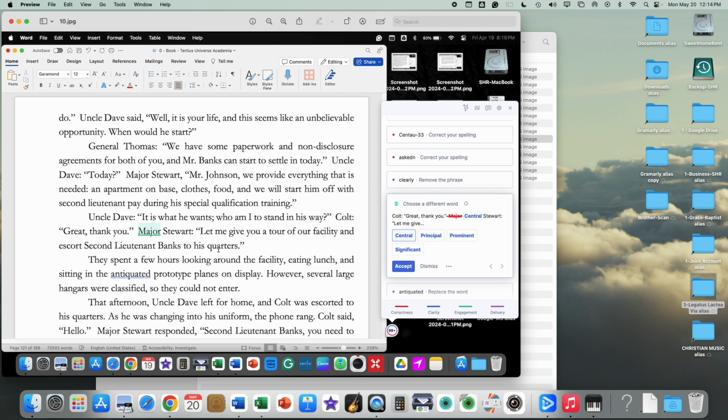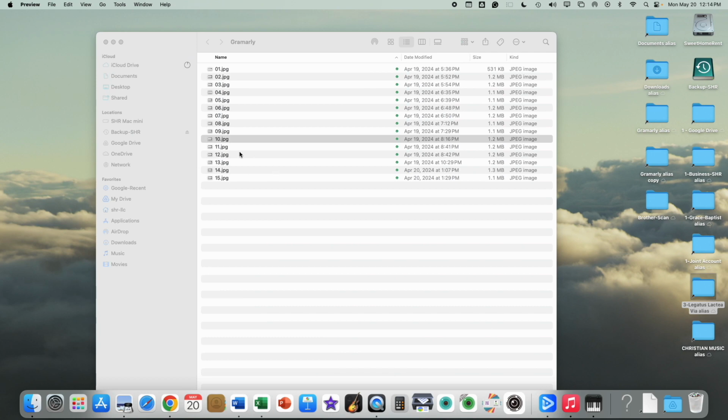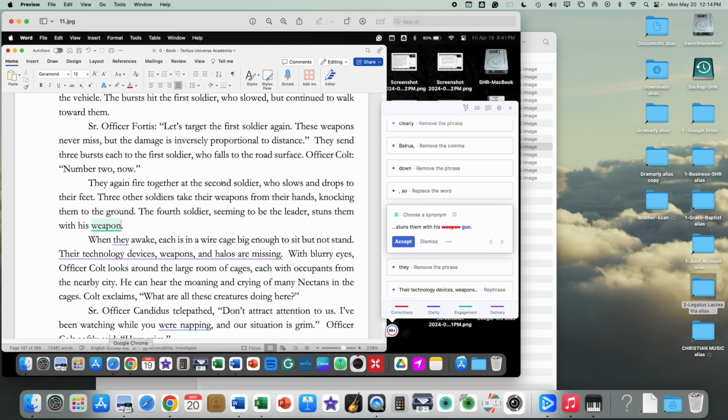And then Grammarly wants to change it. It says it's an engagement thing, to Central Stewart. So the major, which is a military officer, it wants to change it to Central Stewart. I mean, you can see my frustrations there. Number 11. We only got 15 of these, so here we are with another one.